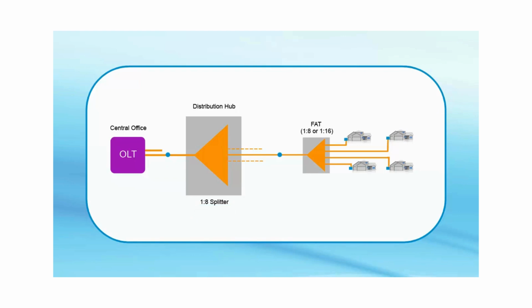The input of this first level splitter is connected with the OLT fiber coming from the central office. A second level of splitters, 1 to 16 or 1 to 8, resides in terminal boxes very close to the customer premises, each splitter covering 8 to 16 homes. The inputs of these splitters are the fibers coming from the outputs of the first-level splitters described above.